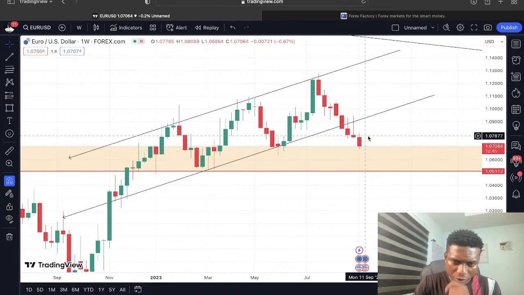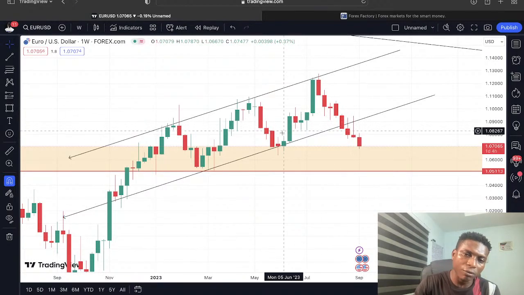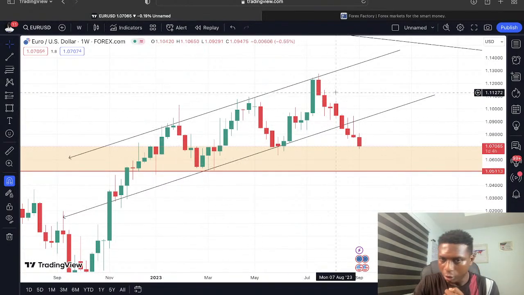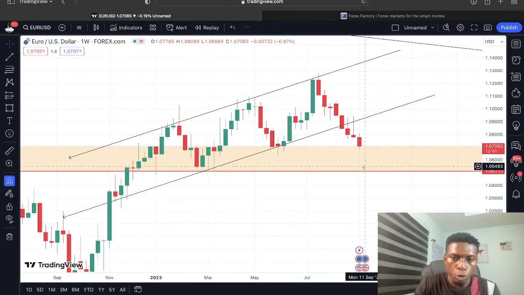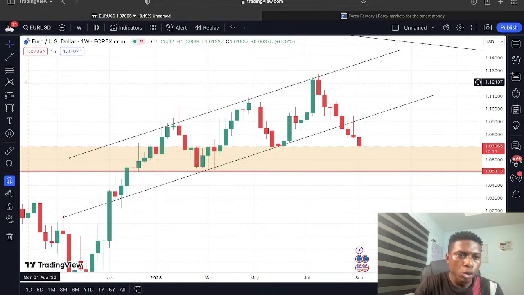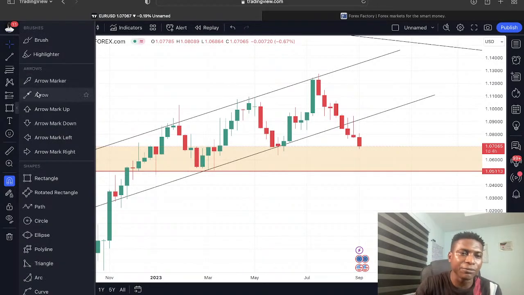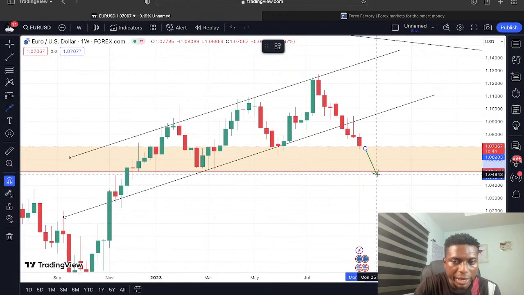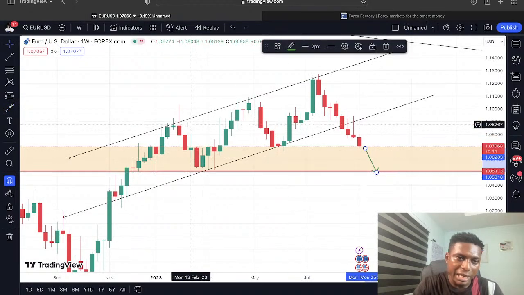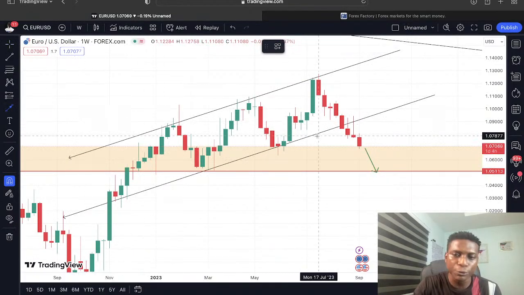Okay, and don't forget, having broken out of this trend line, okay, the next stop would be the support level. All right, so from the higher time frame, we might be expecting that price would come here, okay, and there are two things that can happen from here.